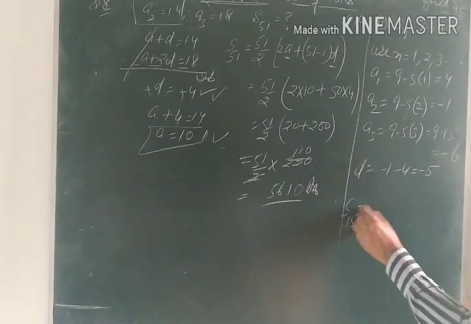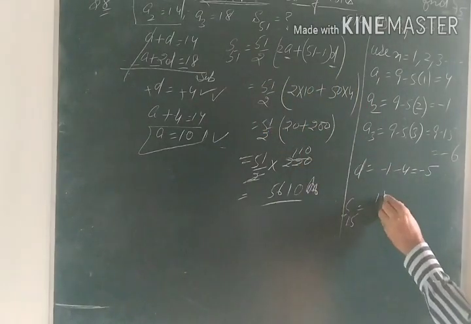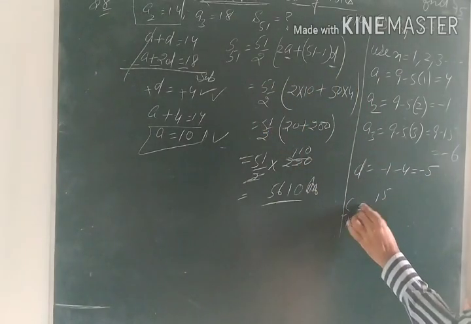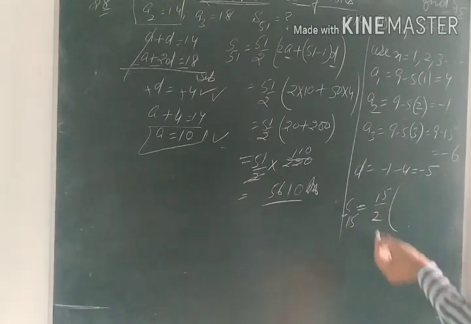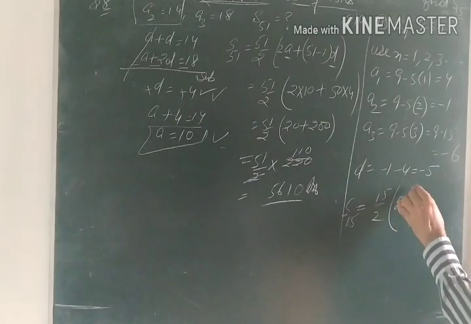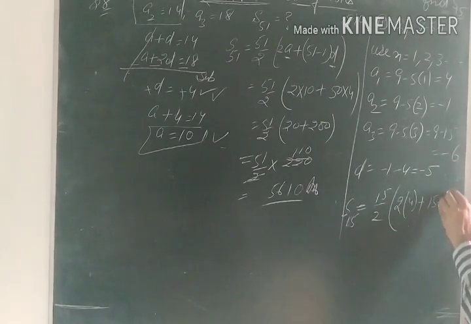We have to find S15, and the S15 formula is given. So in the same way, apply Sn. Sn is equal to n by 2 into 2a plus n minus 1 into d. Here n is 15, so 15 by 2, 2a is 8, plus 15 minus 1 into d, that is minus 5.